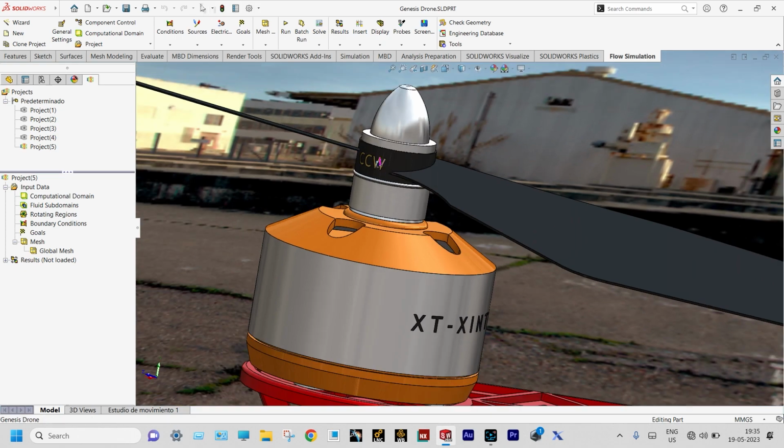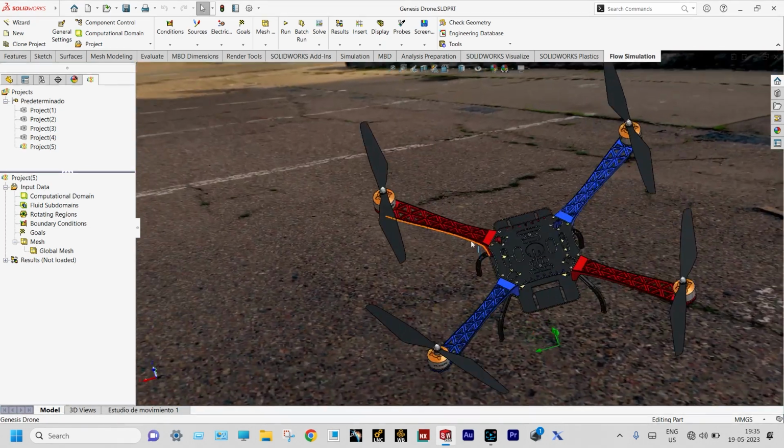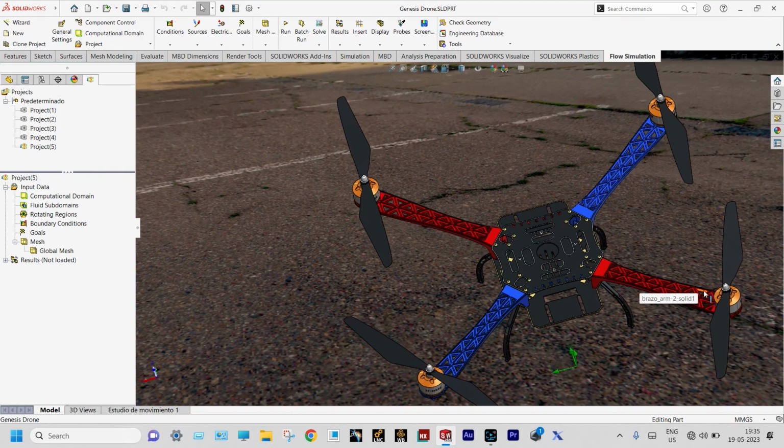The red ones, this one and that one, will be rotating in anti-clockwise direction. This one and that one, the blue colored ones, will be moving in clockwise direction with a specific RPM.